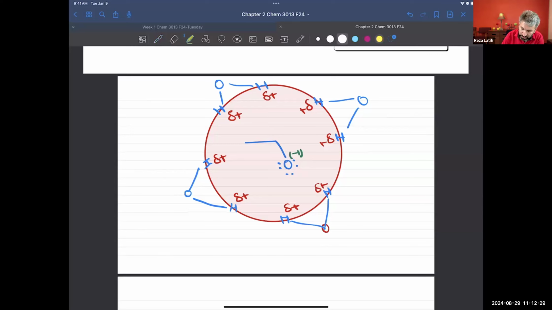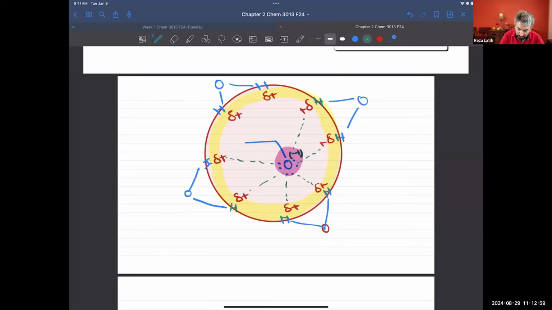So the negative charge on oxygen will be distributed to those hydrogen atoms, or those hydrogen atoms try to take some of the negative charge. How? They're going to have some interaction with oxygen. Remember, we used to call this hydrogen bonding. So we're going to have some interaction.